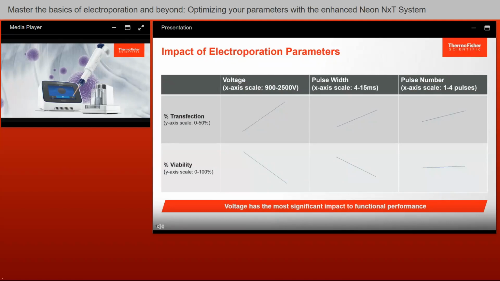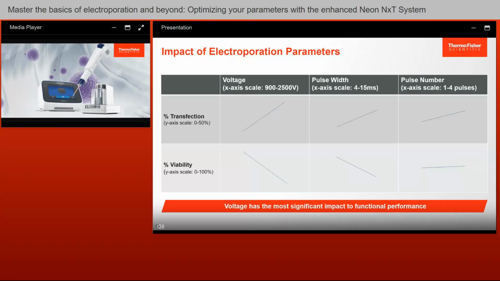It is also important to note how electroporation parameters affect transfection efficiency and cell viability. For voltage, the voltage applied during electroporation determines the strength of the electric field and the extent of the membrane disruption. Higher voltages can cause irreversible membrane damage, while lower voltages may not produce enough disruption to allow efficient uptake of your payload.